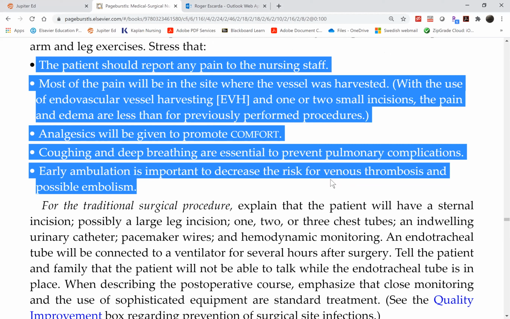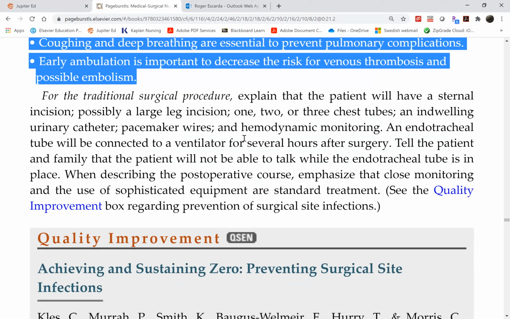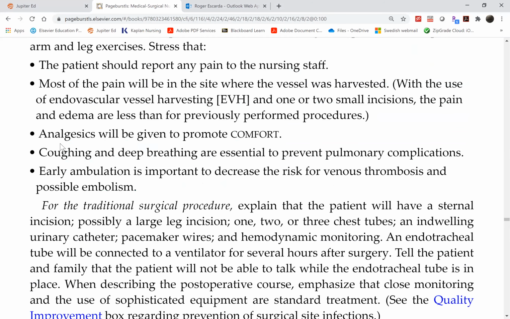It's extra scary because the patient will have a big, long sternal incision. So it's important to reassure the patient that there will be analgesics. You know, they'll have PCA afterwards. They will, however, do early ambulation. So cardiac rehab will begin after 24 hours.